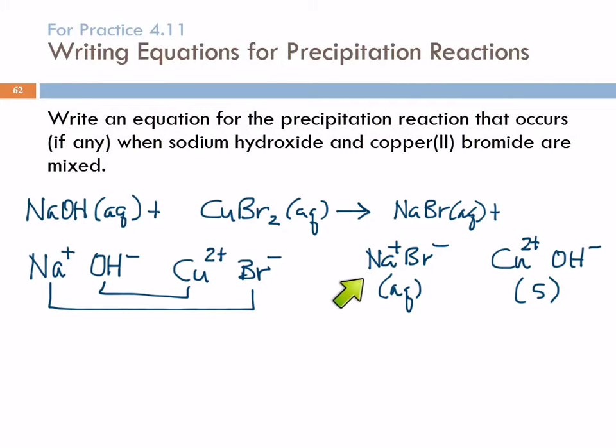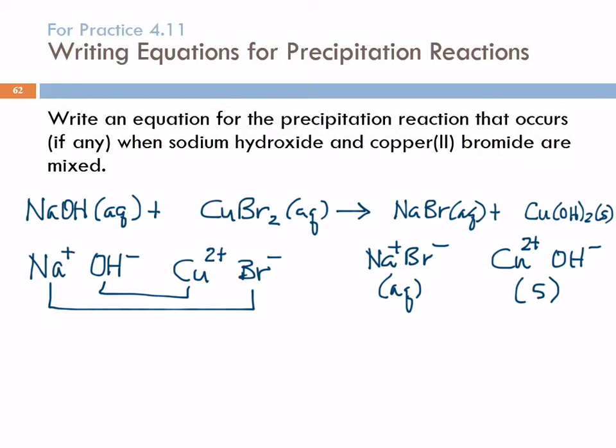I see it a lot. I wouldn't just write this out without writing stuff down until you get really good at it. So the copper 2 and the hydroxide, we're going to get Cu(OH)2, and that's going to be a solid. Any questions?